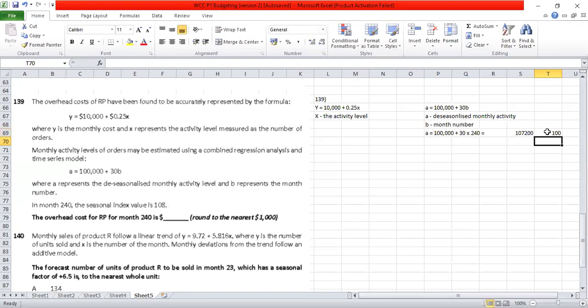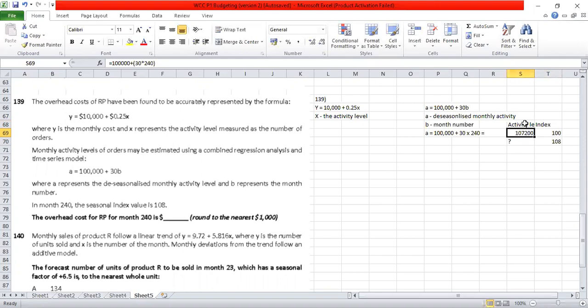But now how much is the change? The change is at 108. This is the deseasonalized activity level, and this is the index number. Because no other information is given, we take the previous period's values as the base, and the base is always 100. Now it is at 108.